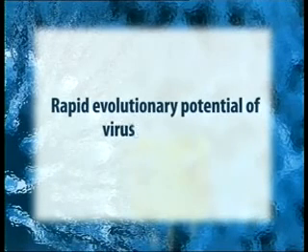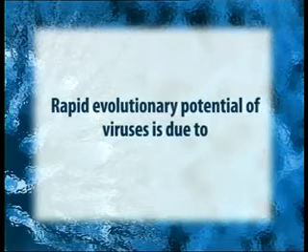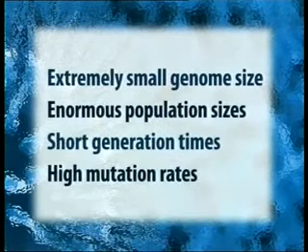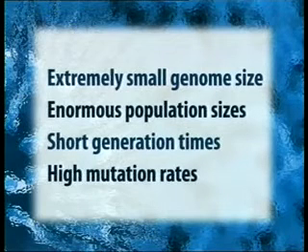However, you must also know that these viruses have a rapid evolutionary potential. They evolve very fast, and the properties that contribute to this rapid evolutionary potential of viruses include: their extremely small genome size, enormous population sizes, short generation times, and high mutation rates.